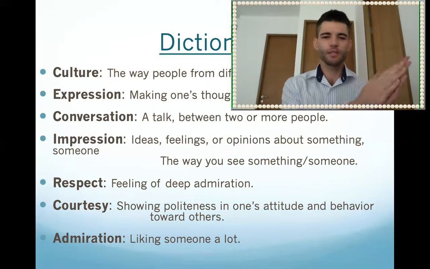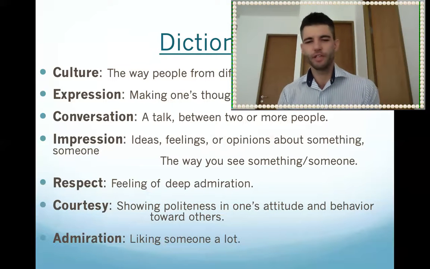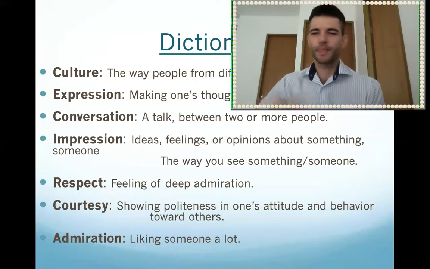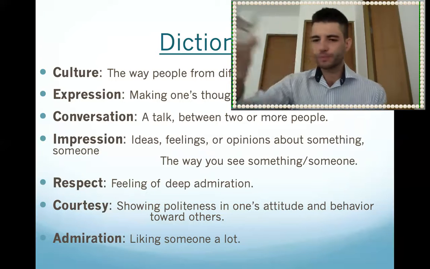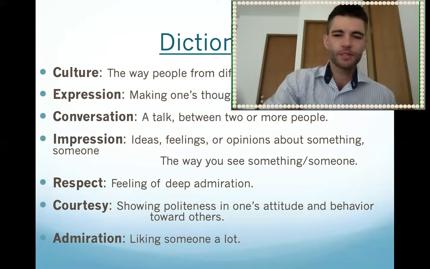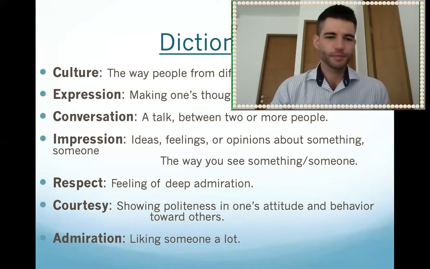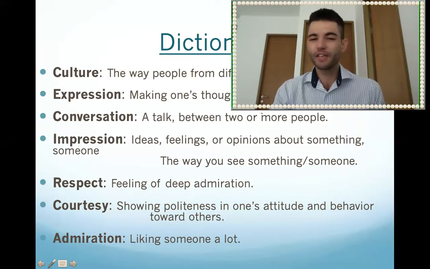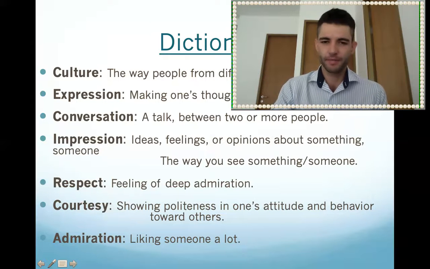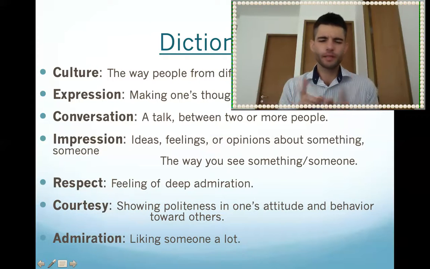Let's look at the words and we're also going to look at the definition. Okay. The first word is culture. You can say the word culture. So what is culture? The way people from different nations behave. So I am trying to make it a little bit easier.